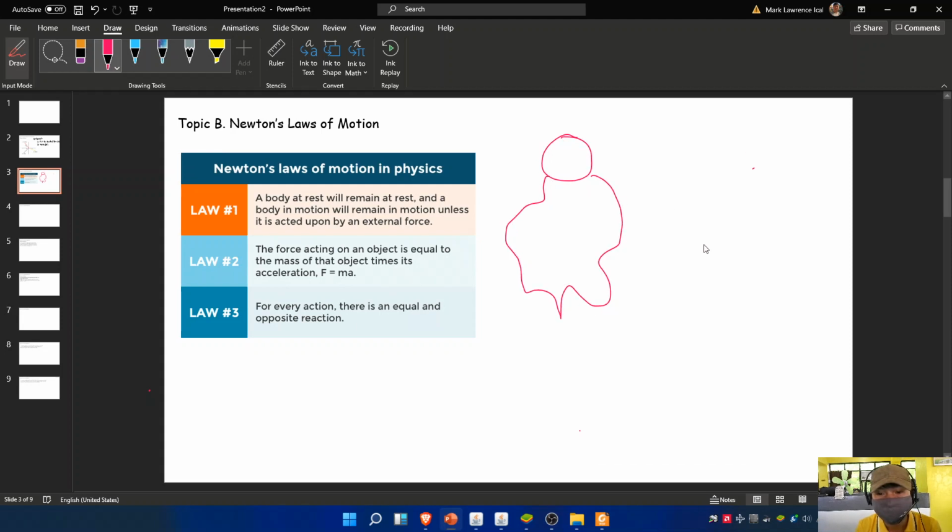Wow. And this is me, Payatot. So between the two, if I'm going to be punched by this sumo wrestler, tatalbog ako ng malayo. Okay? Pero kapag ako yung mag-punch dito sa sumo wrestler, hindi siya tatalbog. The reason for this is because I have a smaller mass than the sumo wrestler.